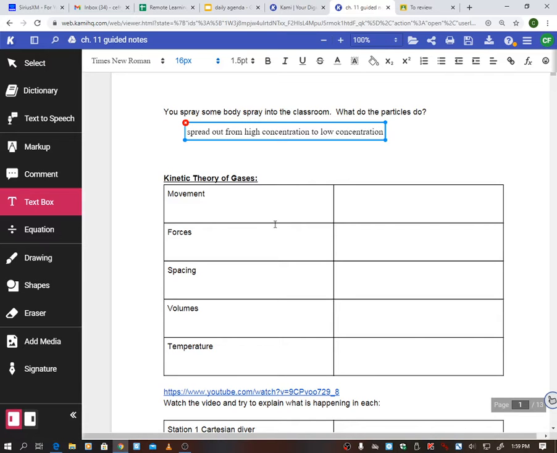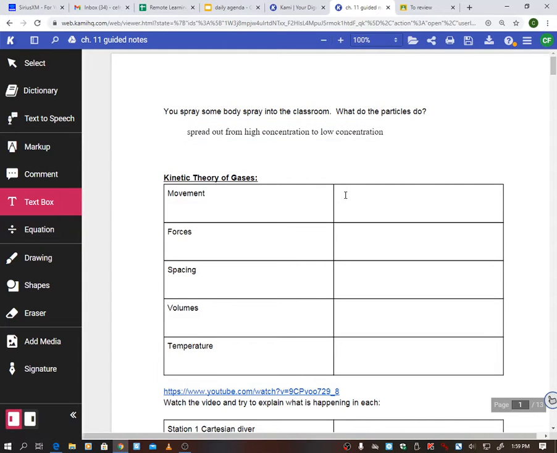All right, so we're going to look at the kinetic theory of gases, and kinetic means energy, like movement energy. So something is moving, versus potential energy, where it's got that potential to move. The kinetic theory of gases is split up into 5 different things.